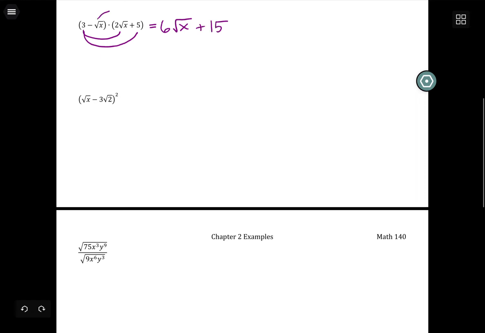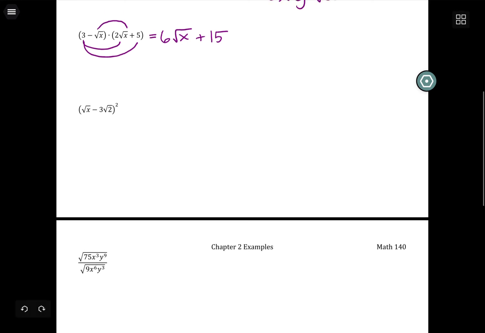My inside, this one's a little more interesting. I get -2 root x squared, which again, you have a worksheet about what happens if x is negative. So for this, assume that our variables are positive so that we can just work with the rules and not get too caught up.